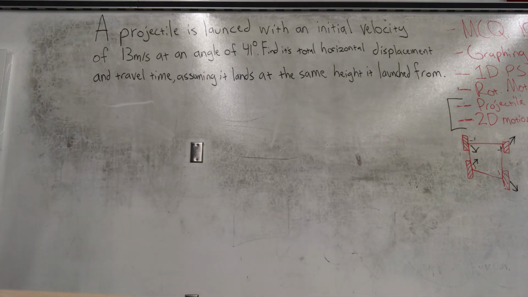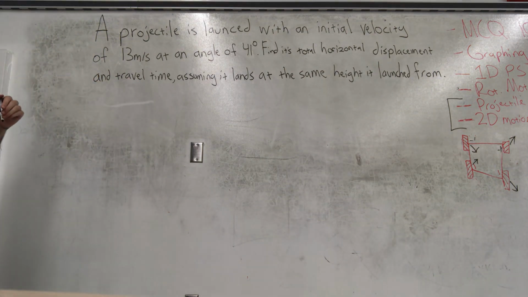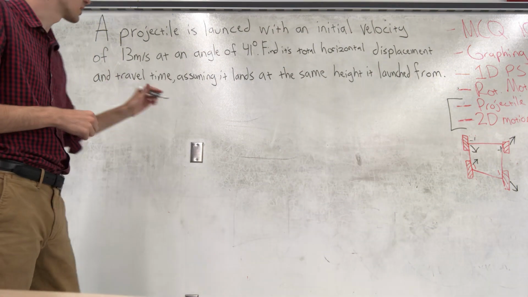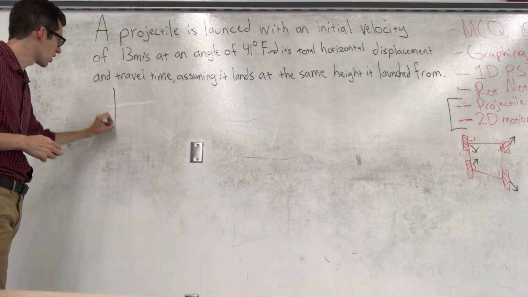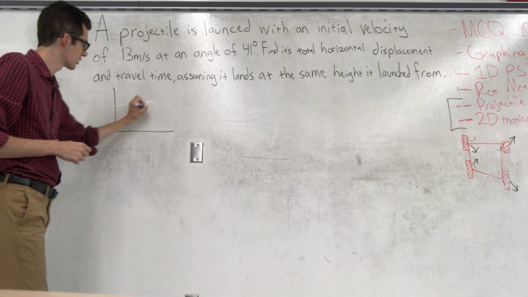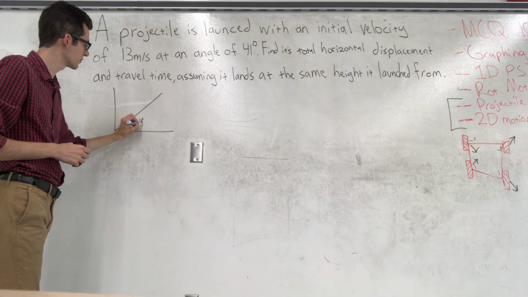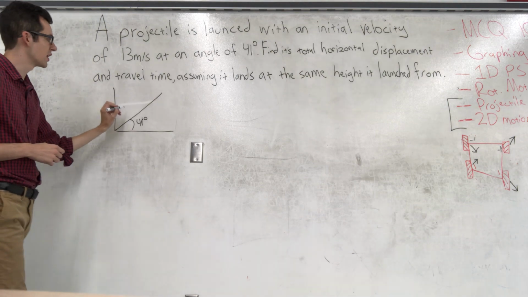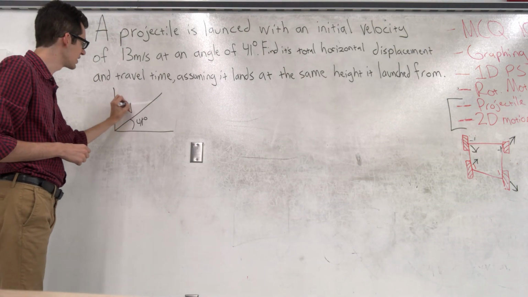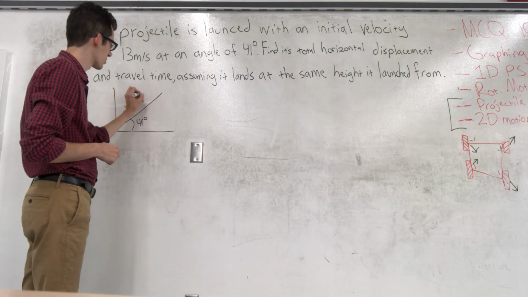All right, so again, as we've done before, we can set up the first part of this problem by considering that we have some angle of launch, and we'll draw that here. So our angle is 41 degrees, and our initial velocity V0 is 13 meters per second.